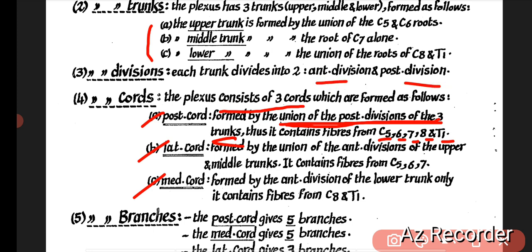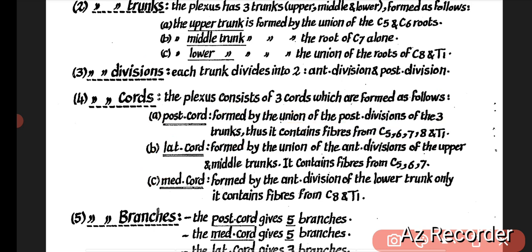Now the next part is the cord. There are three types of cord: posterior cord, lateral cord, and medial cord. The posterior cord is formed by the union of the posterior divisions of the three trunks, meaning upper trunk, middle trunk, and lower trunk.